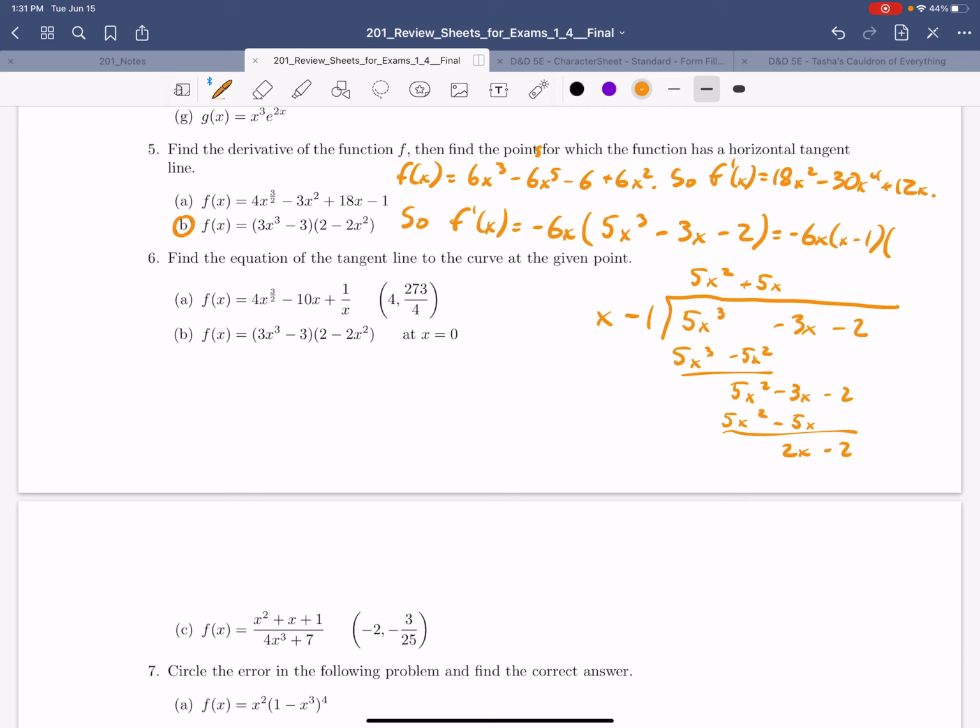And then that's going to give us minus 2. Sorry, it's plus 2. Okay. So that's what we're going to get in here: 5x squared plus 5x plus 2. Whew. That was a little bit extra work.